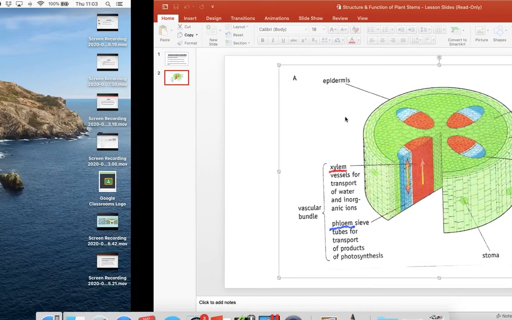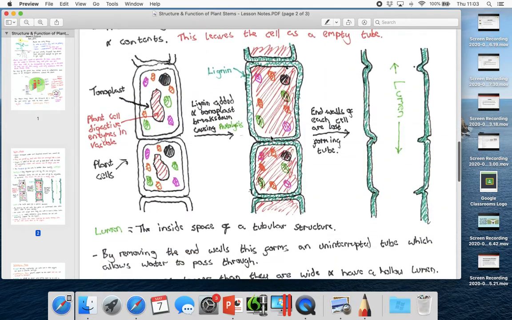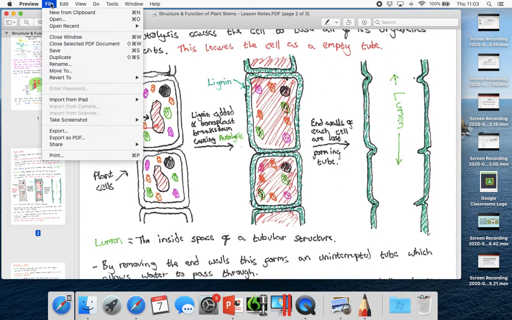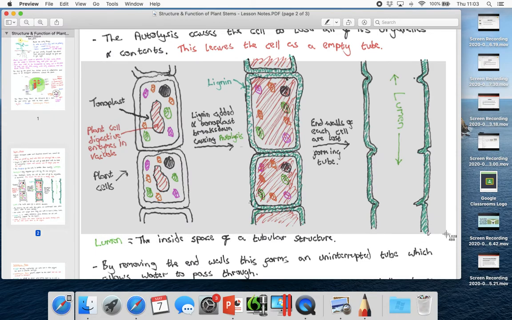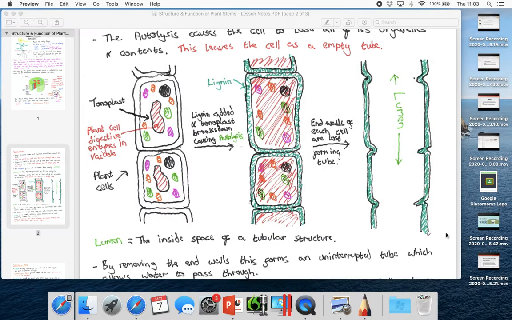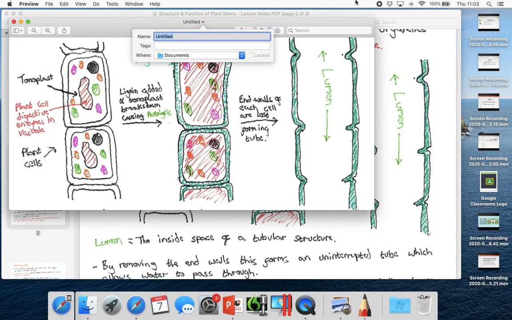So, as I just said, you have got a copy of these notes. I'm going to steal this image because I can't be bothered to draw it, if I'm honest. And we're going to save it. You can see that I've drawn this anyway because it's absolutely amazing. It wouldn't be this good in any textbook. So we will save it as xylem vessels.